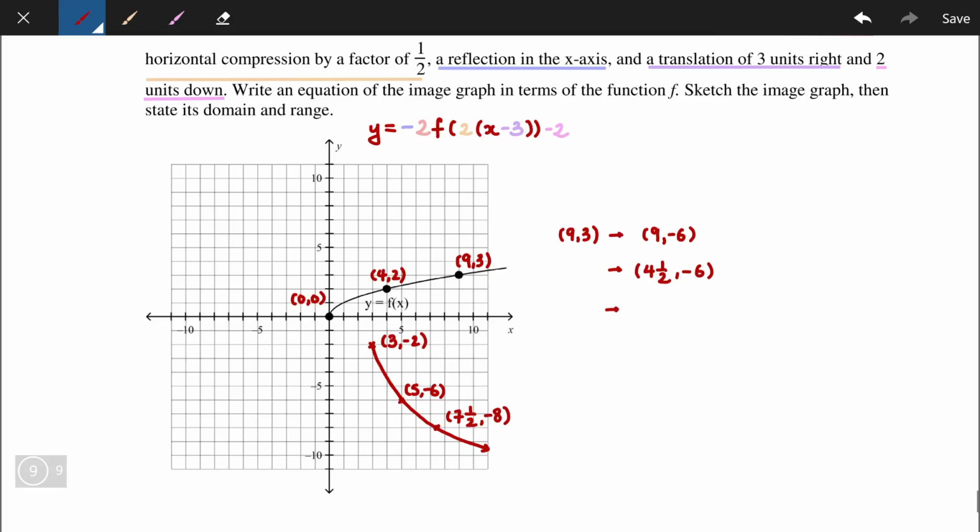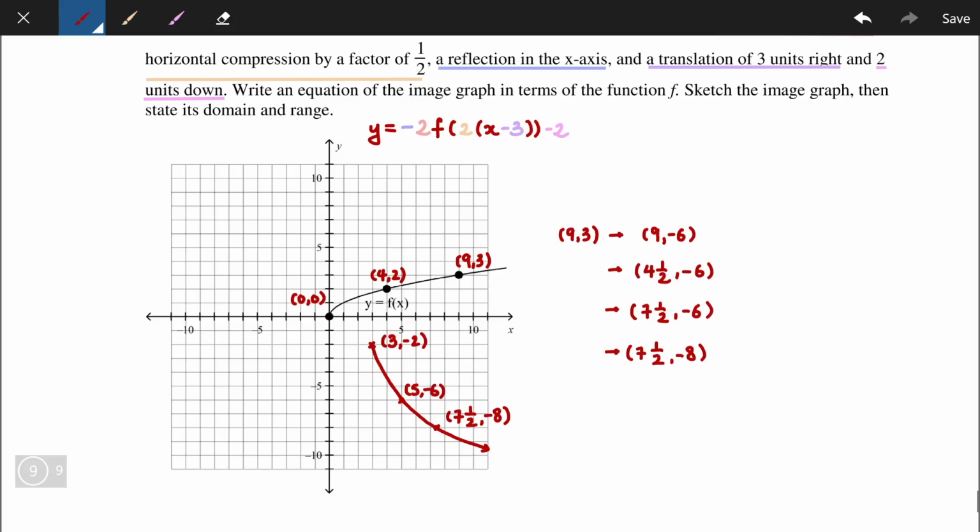After the c value is applied, we'll have 7.5, negative 6. And finally, after the d value is applied, we'll have 7.5, and then negative 8. So that will be a better indicator of the thought process used to generate the points.